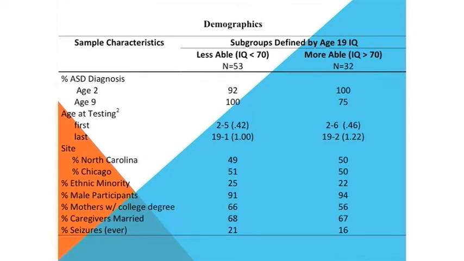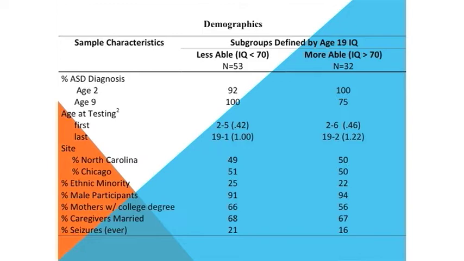So if we first start and divide the sample just by having a nonverbal IQ of 70, so basically a child with an intellectual disability or without an intellectual disability, you can see that we didn't have big differences at 2 in the diagnosis of ASD, but at age 9, we have fewer kids who got a diagnosis of ASD.